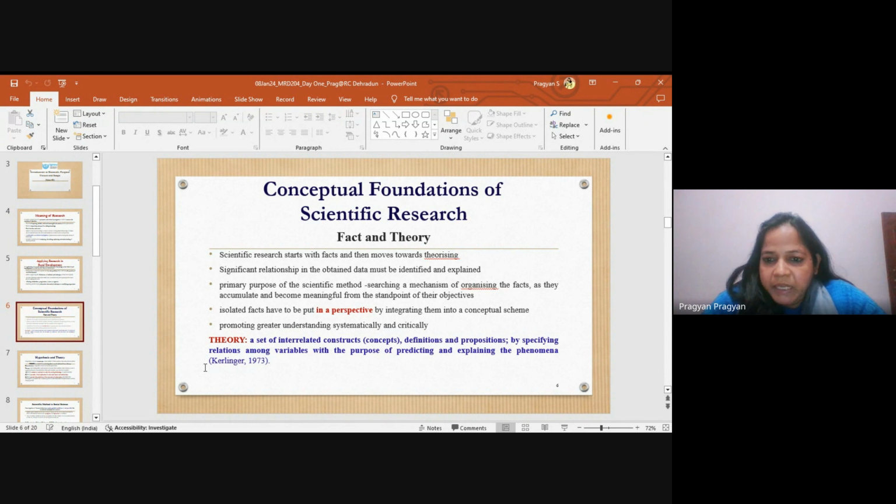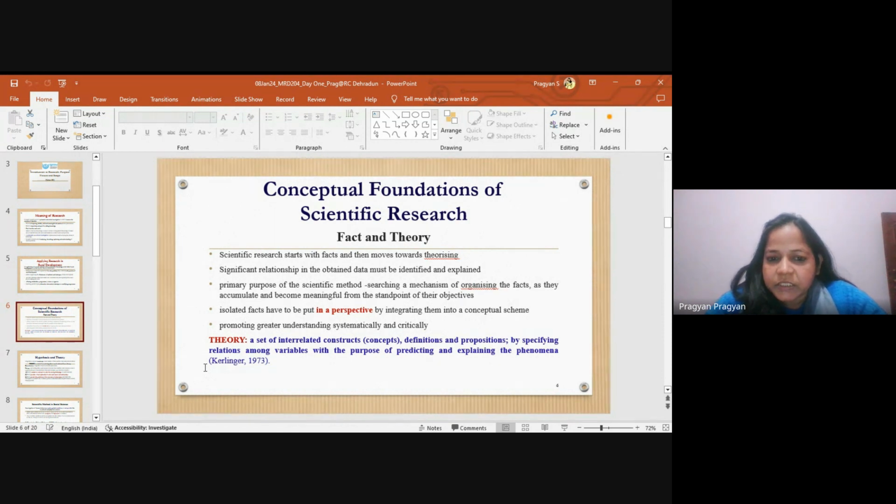That means male literacy is higher in India as compared to female literacy. That means there has to be a theory, because without looking at those different facts, a theory is not going to mislead us.